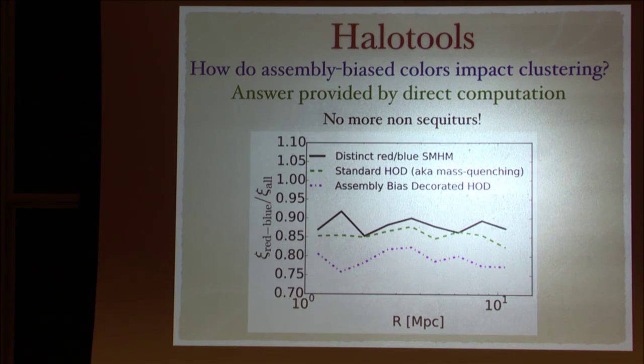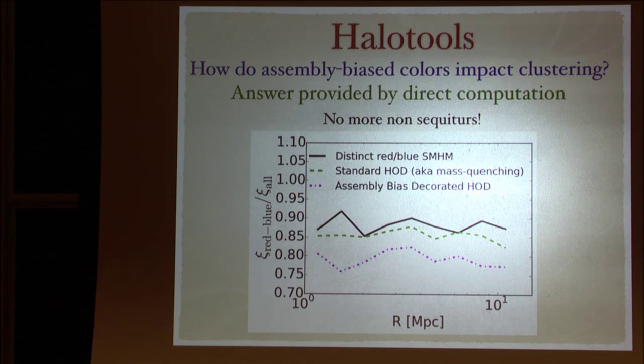And likewise for the cross correlation, now the decorated HOD, what it does is red things now avoid blue things, right? So you have a decrement in the cross correlation. So what this lets you do then is to study the specific signatures that a given science target of interest, in this case assembly bias, imprints on a given statistic.